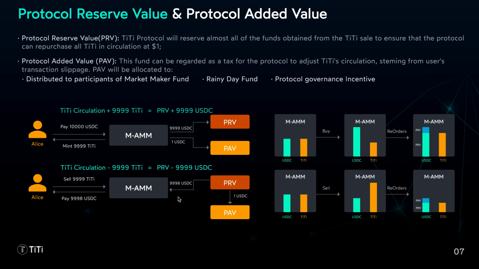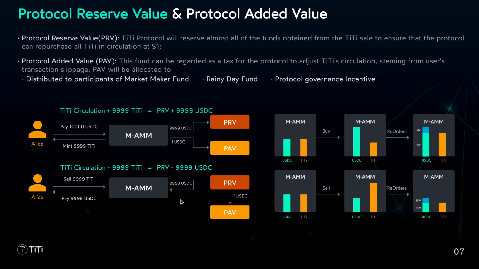The protocol will use the 9,999 USDC reserved in the previous PRV for payment and assign 1 USDC to the PAV, because the purpose of the previously reserved USDC is to ensure that the original value of the 9,999 TT obtained by Alice is not less than the average price of $1.